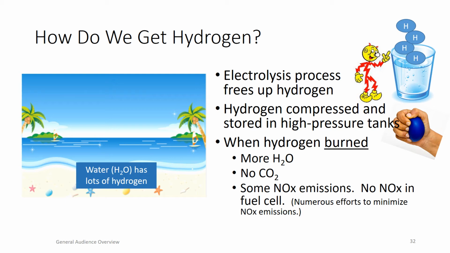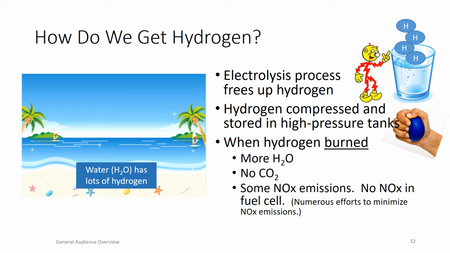That's fundamentally how it works. But we get the hydrogen out, whatever the source. It's then compressed into high-pressure tanks, and it's installed in the truck or fuel cell, wherever. And when it's burned, it makes more water.